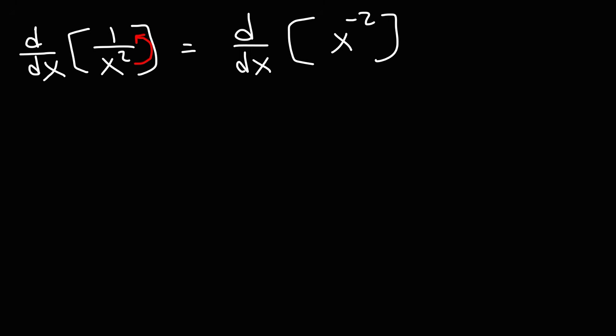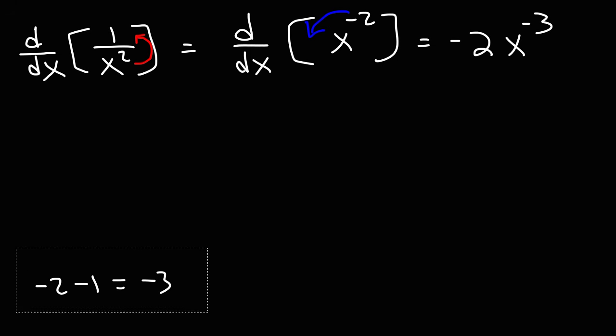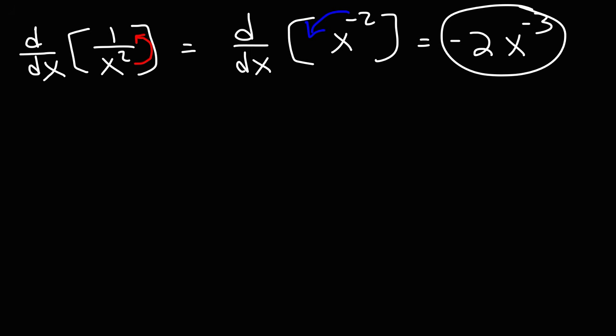It's the same. So now using the power rule, we can move the exponent to the front. This is going to be negative 2x, and then we need to subtract the exponent by 1. Negative 2 minus 1 is negative 3. So this is our answer, but we can simplify it or rewrite it a bit.